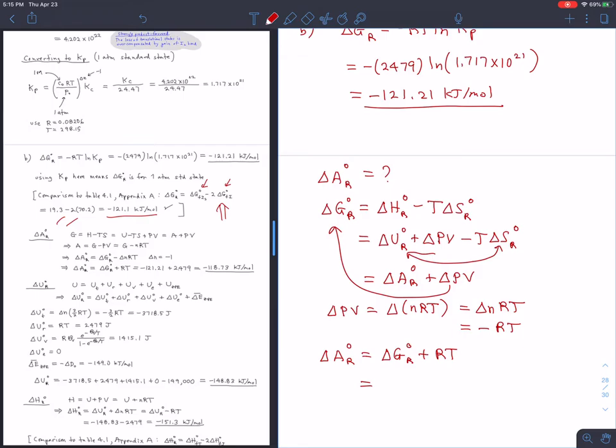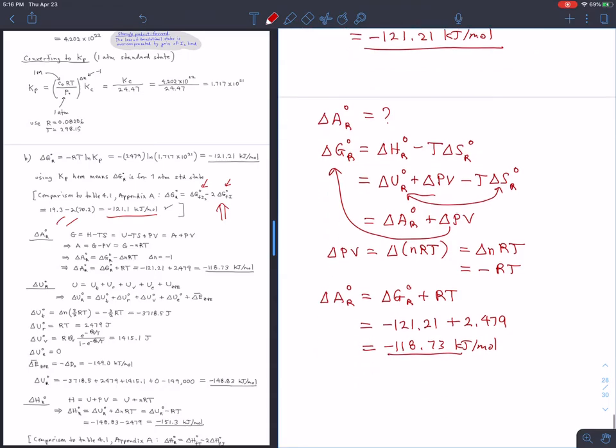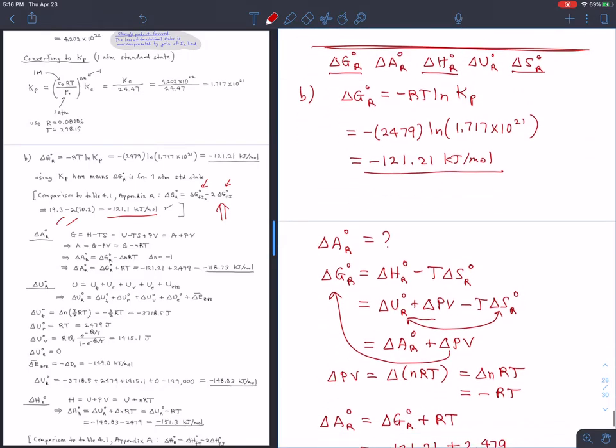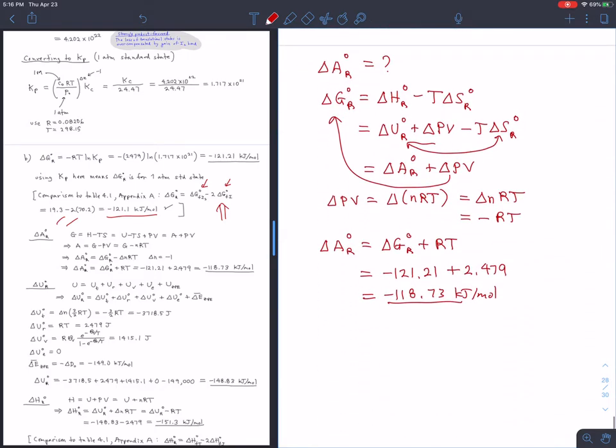So we have delta G, minus 121.21 kilojoules, plus RT, which is 2.479 kilojoules, and that is equal to minus 118.73 kilojoules per mole. All right, so now we have the delta G value and the delta A value.